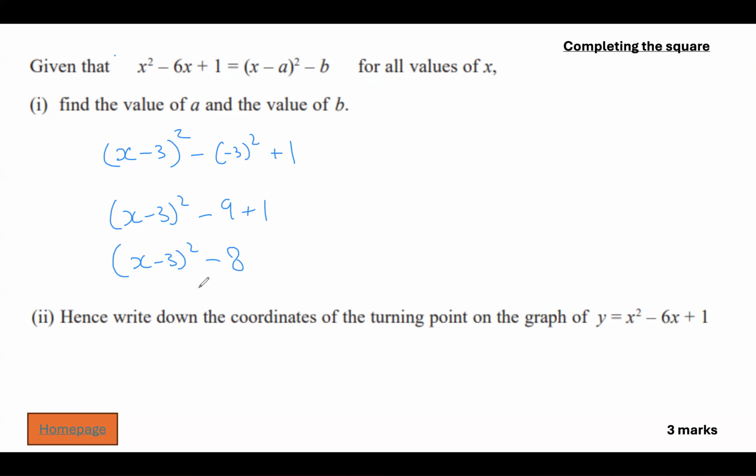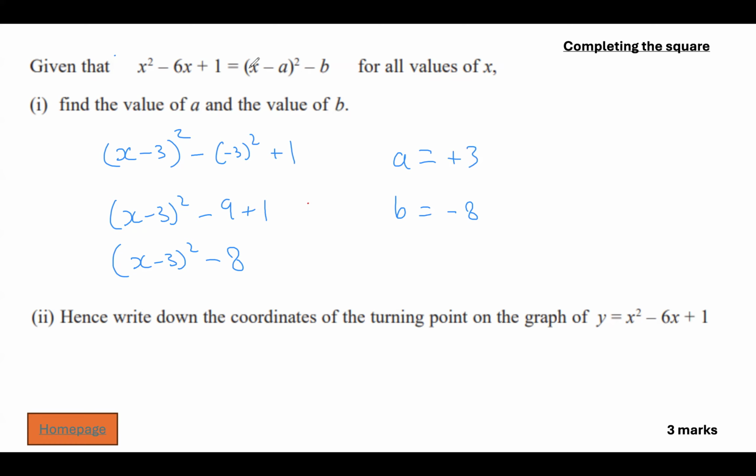And that's our answer. And if we want, so what does it say? It says find the value of a and b actually. So we want a and b. So b is going to be minus 8. And a is going to be simply plus 3.